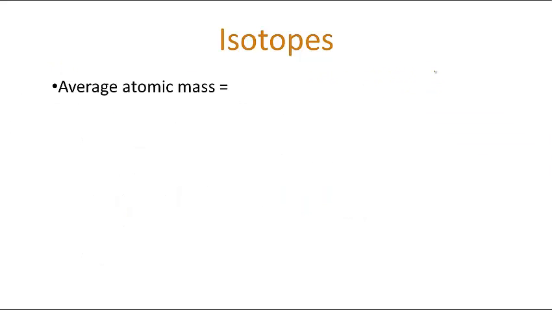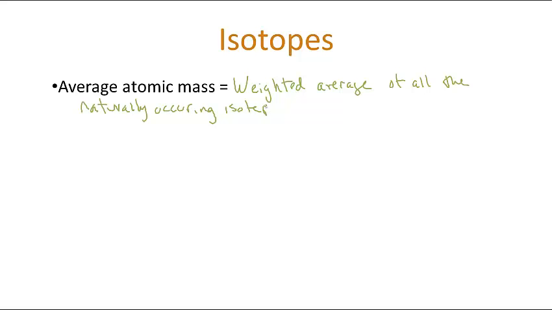So the average atomic mass is not the average of all the isotopes, it's the weighted average of all the naturally occurring isotopes, weighted by abundance, so the percentage that they exist.